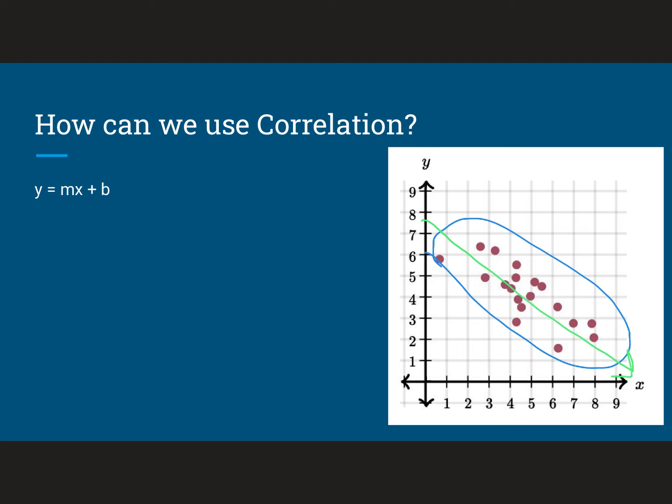So again, I need to find b and m. So I see my b right here. Looks like about 7.5. And again, that gives me the point 0, 7.5. And then another point that I see that looks pretty close is, let me do another color so it's easy for you guys to tell, right here, which is 6 and 3.